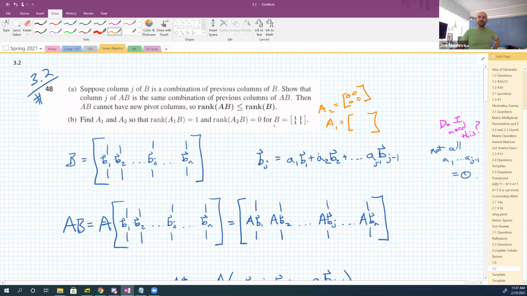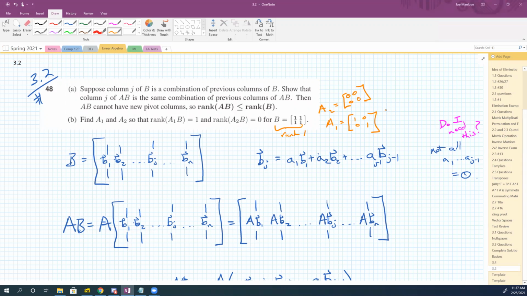What's the rank of B to start with? Could you do the identity matrix? Nice. So the rank of B to start with is rank 1, right? It's got 1 linearly independent column. And so if I take A1 to be the identity matrix, then it still has rank 1. Cool. Very nice. Did that get your question, Karen? Yep. Thank you. Cool.